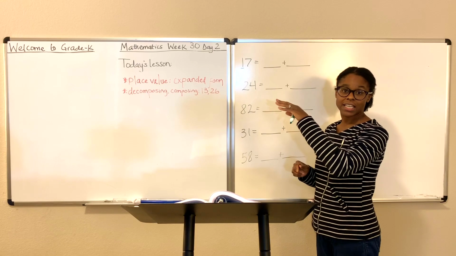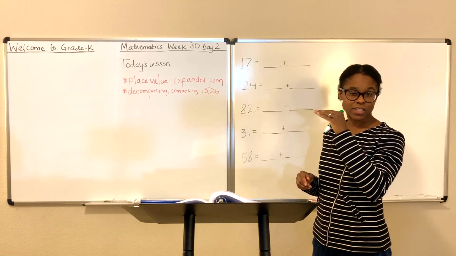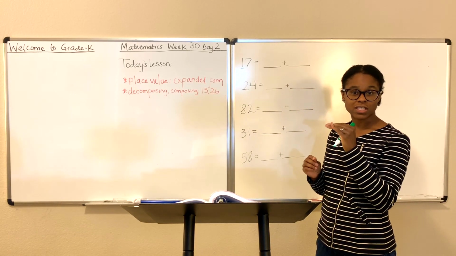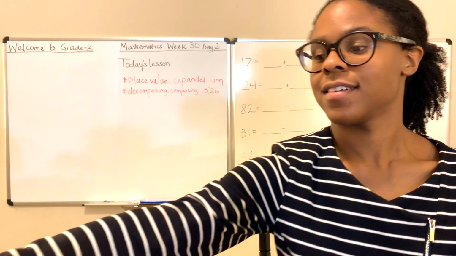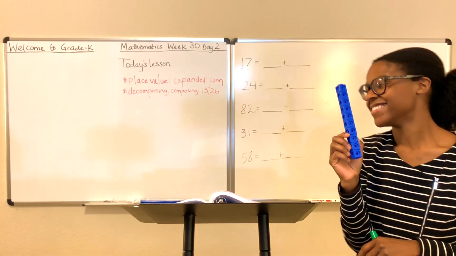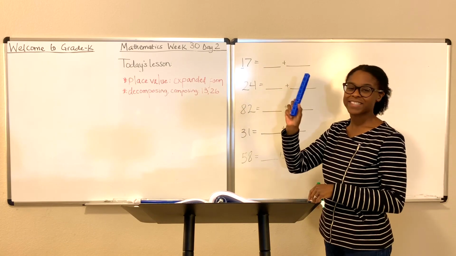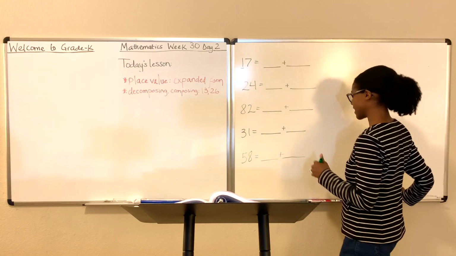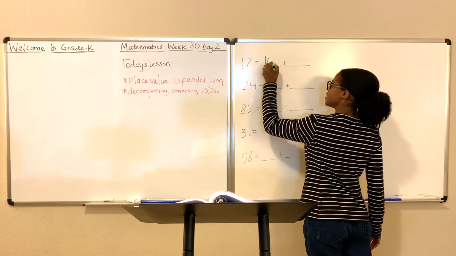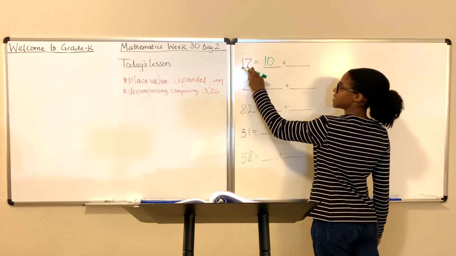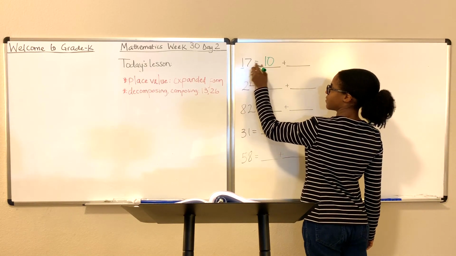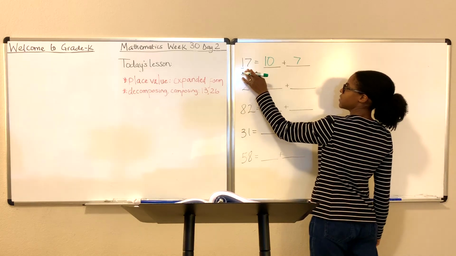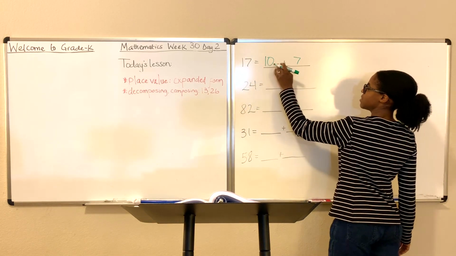That 10 looks like counting 10 cubes in your stack of cubes. So that 1 represents 10, because it's in the tens place. So you have 10 plus, how many ones do we have? We have 7 ones. 17 is equal to 10 plus 7.